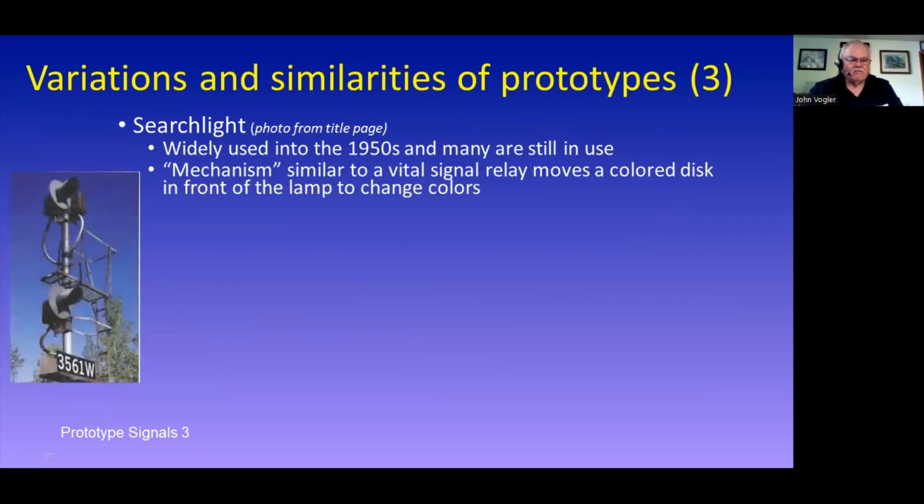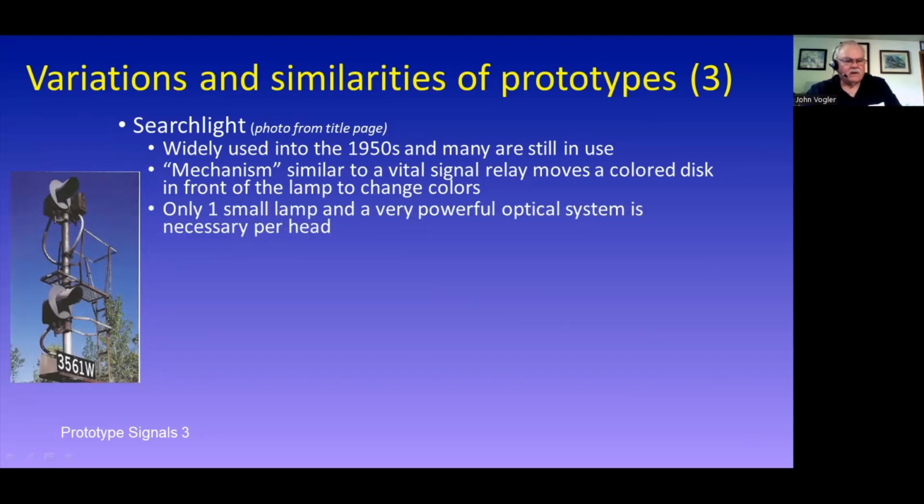One final version of a color light is the searchlight. These were used widely into the 1950s. Virtually every railroad had them. They have a mechanism mounted in here behind the optical system that's similar to a vital signal relay that moves a colored disc in front of a single lamp.